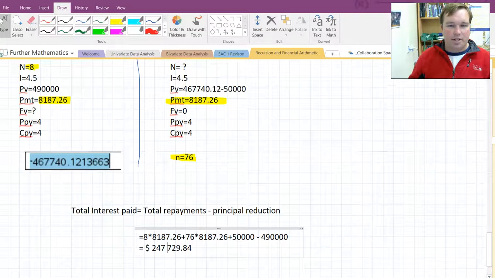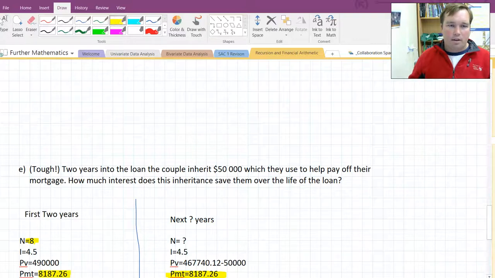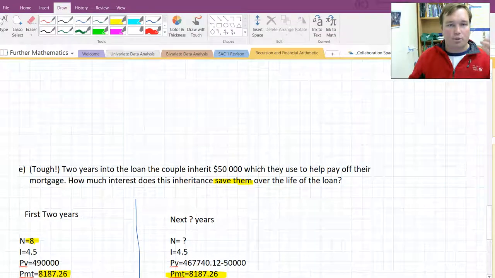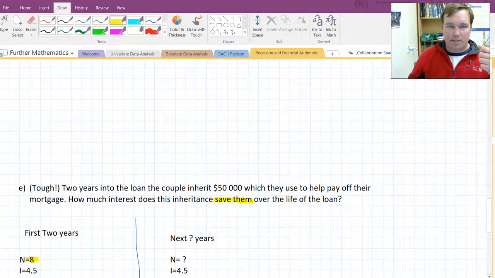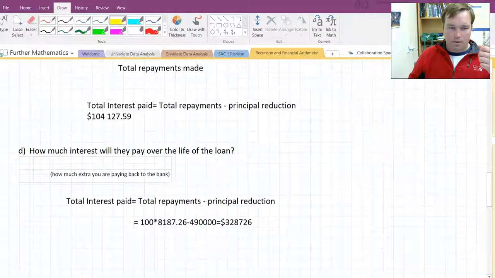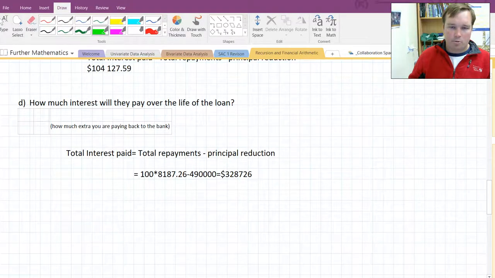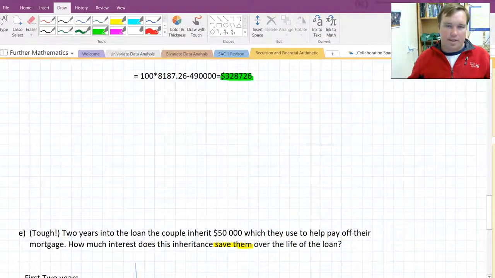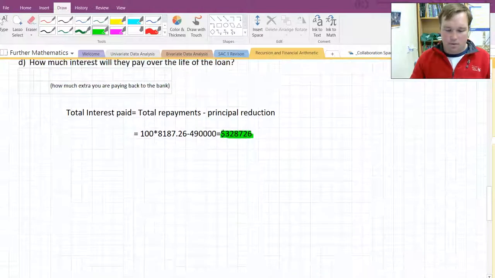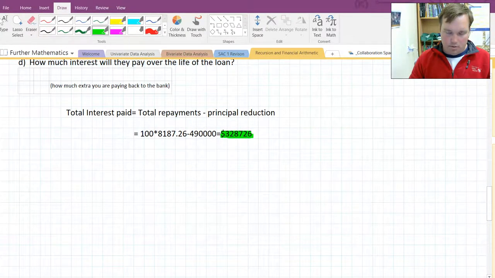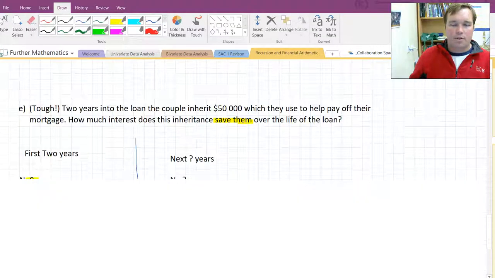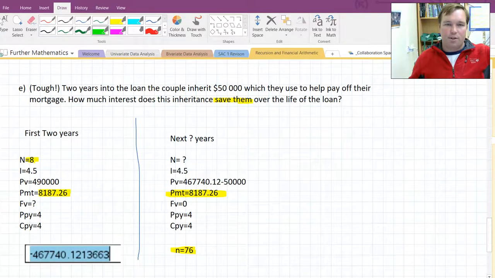Now note, the question asked, how much total interest does this save them over the life of the loan? So we have to look at the interest charged over the life of the loan before, which is this amount here, 328,000. So that there is the interest without the $50,000 inheritance.